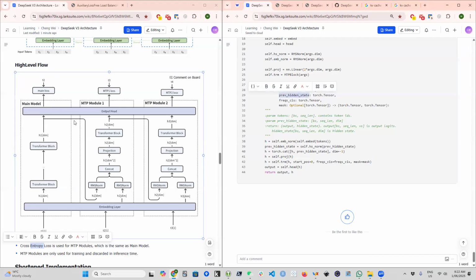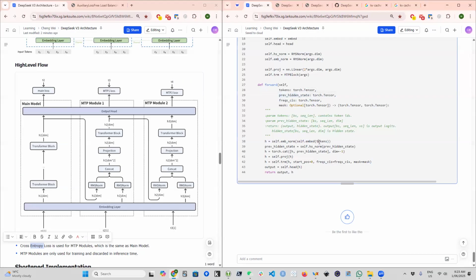So for token 1, when we do the multi-token prediction, we are here. This is T1's previous hidden state coming in, and this part is T2's token. This is T1's hidden state coming from here.